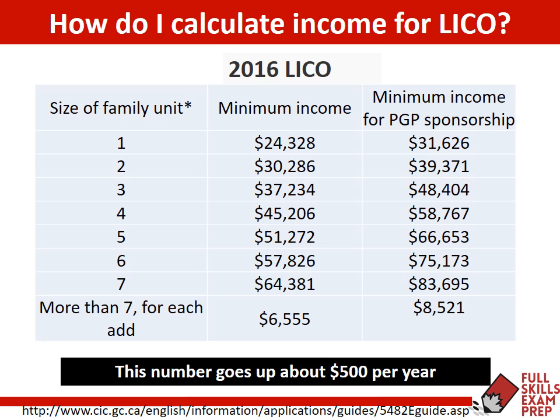So the question, maybe as a scenario in your exam, you have something along the lines of a person who makes more than $70,000 a year, and he's single. Can he sponsor his parents? Okay, and the answer, of course, would be yes, because you'd look at $70,000 a year, compare it with $48,404, and that would help simplify the answer for you.